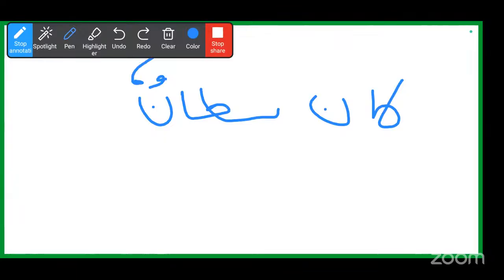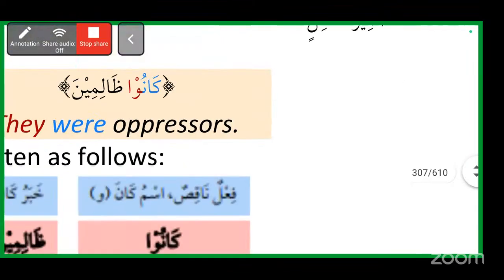There are times when we have to translate kana as "he was." At times, if the noun is after kana, we have to say "a man was" or "shaitan was." It all depends on the sentence. Should we move on?